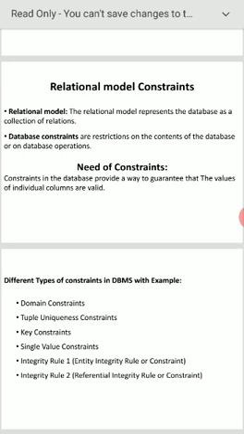Assume register number is integer, name is character or string, class is character or string, remarks character or string. In register number, we can store only integer. If you store some other value other than the integer, that is not allowed, because register number is integer. This is what a domain constraint.